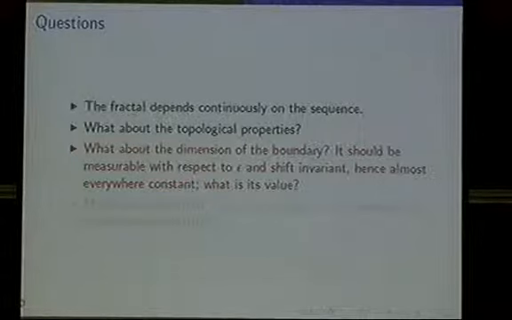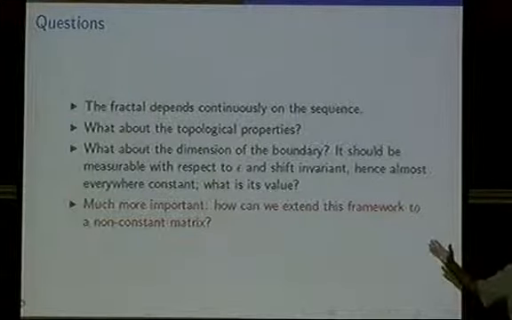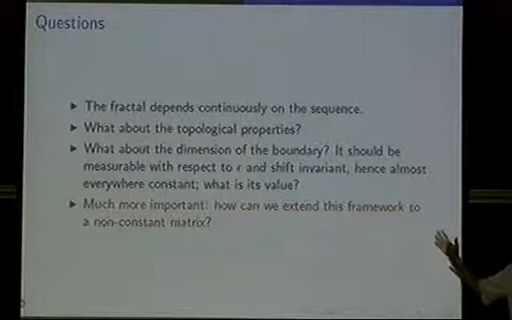So already there are a number of non-trivial functions. And much more important, can we play the same game, but now with different matrices? And of course, now this becomes much harder, because we don't really know.